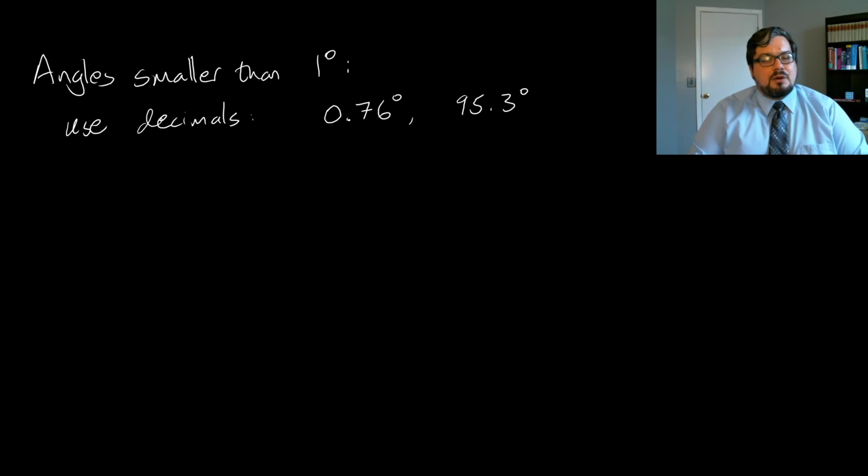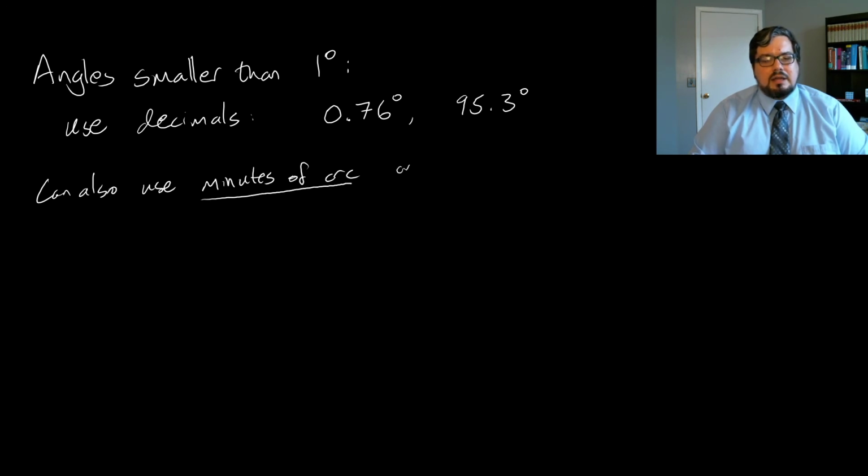We can also, however, use what are called minutes and seconds of arc. And this is a little bit more old-fashioned, but you still see it occasionally in some disciplines.